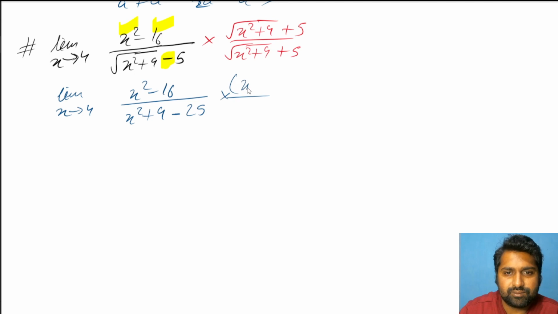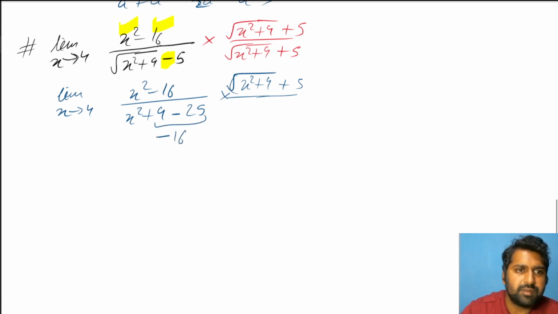X square plus 9 plus 5. So this becomes minus 16. So that means this whole denominator cancels with the numerator, and then we have to do the direct substitution.